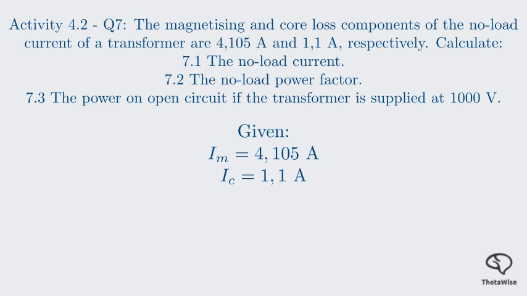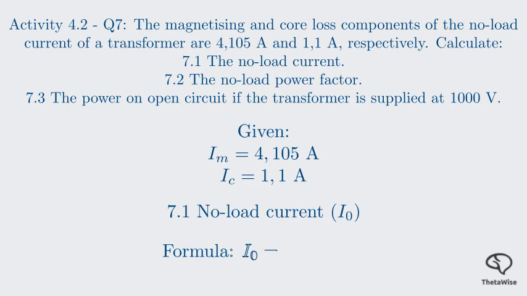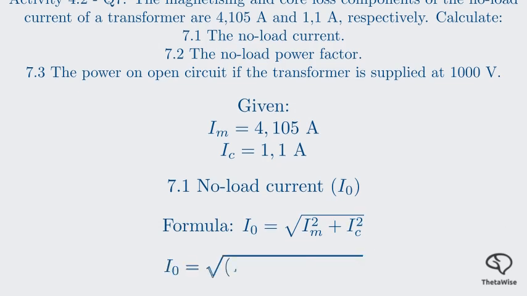First, part 7.1, the no-load current. Since I sub 0 is the vector sum of two components that are 90 degrees out of phase, we can use the Pythagorean theorem. I sub 0 equals the square root of I sub m squared plus I sub c squared. Substituting the values gives the square root of 4.105 squared plus 1.1 squared.